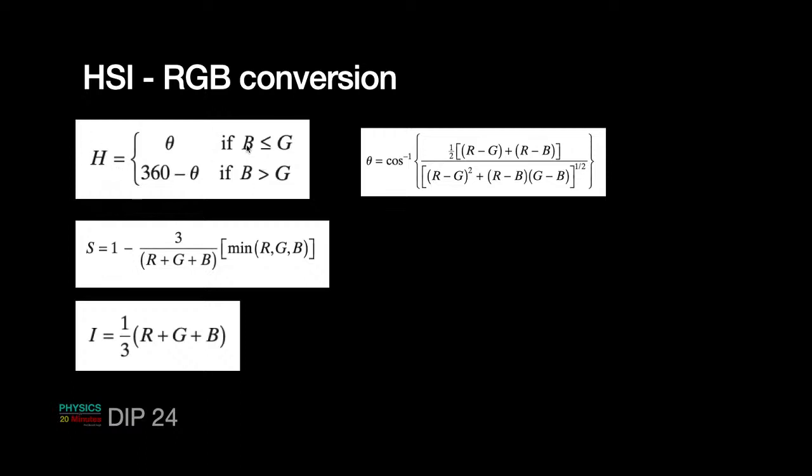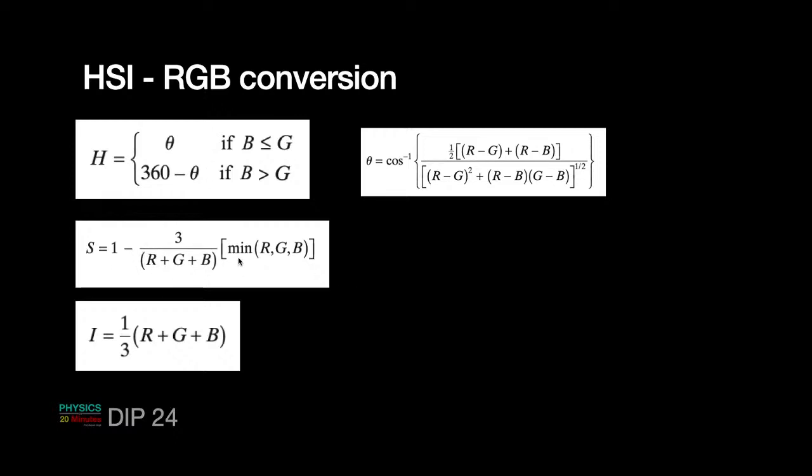Hue is theta if blue is less than or equal to G, that is, if the value of the blue axis is less than G, then it is theta. If it is greater than G, then it is 360 minus theta. I leave it for you to figure out what could be the reasons.